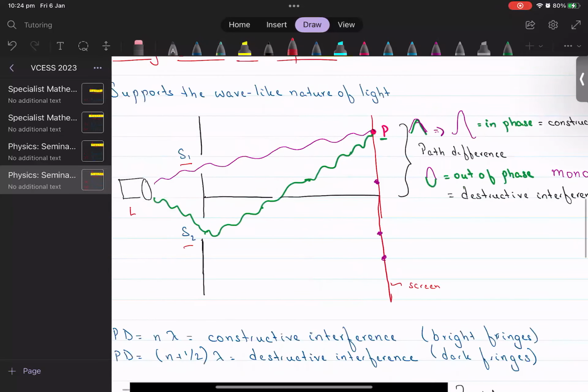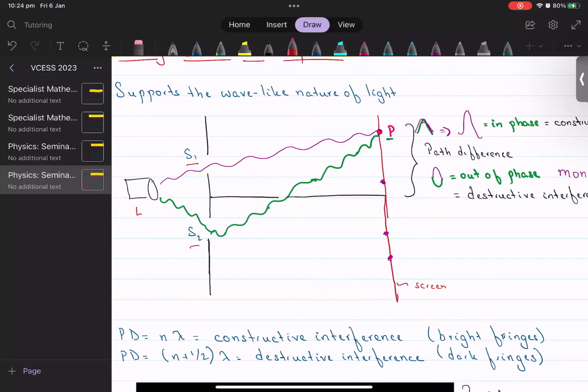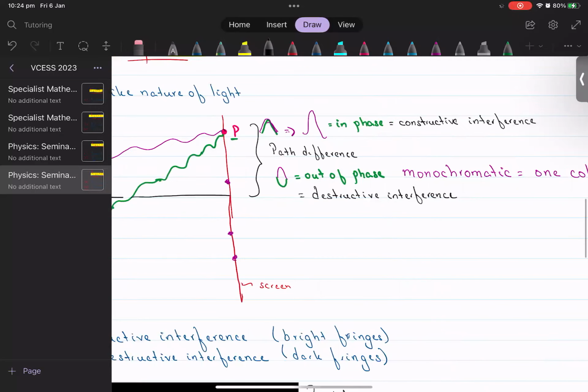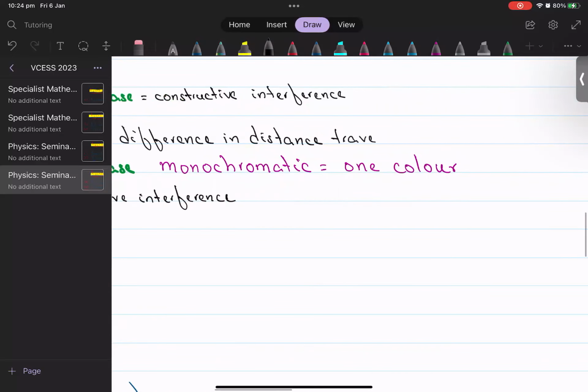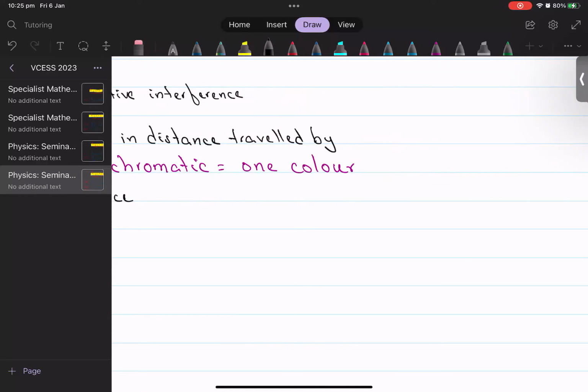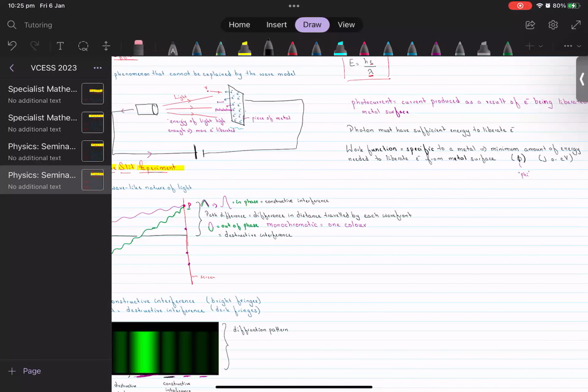So the difference in the distance traveled by the purple and the green waves, by each of the wave fronts. Okay, so that's what a path difference is.